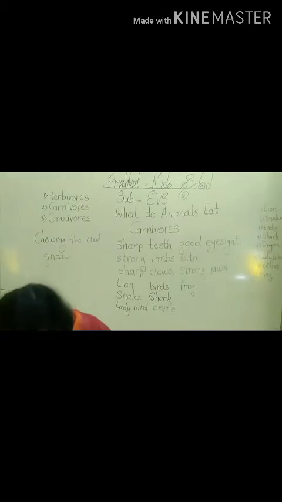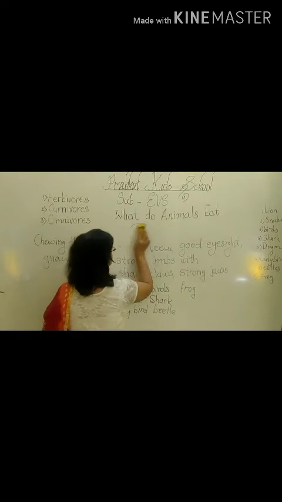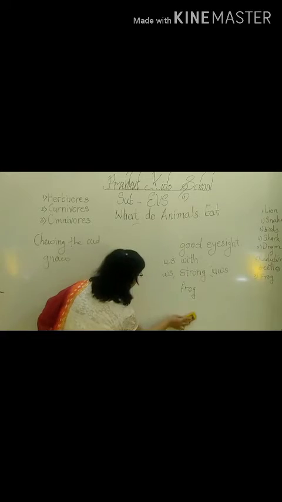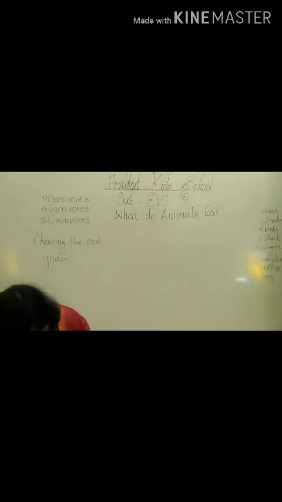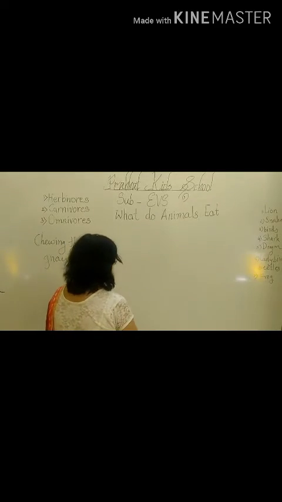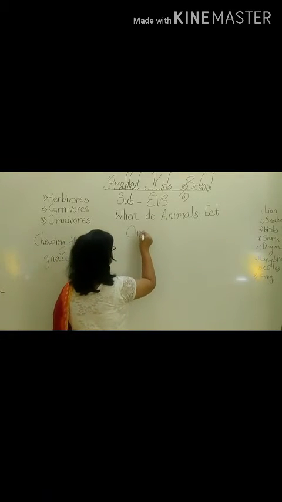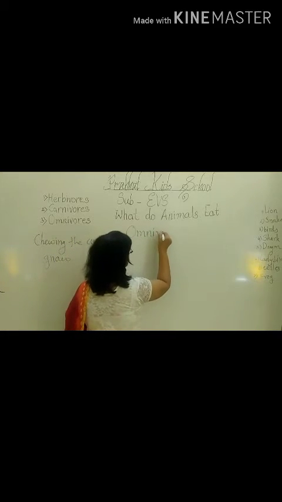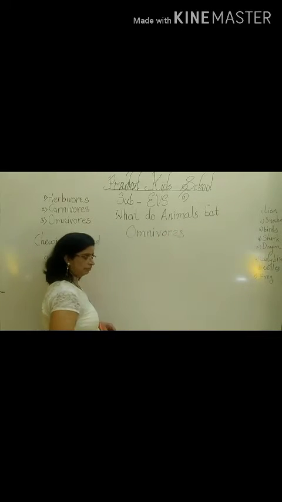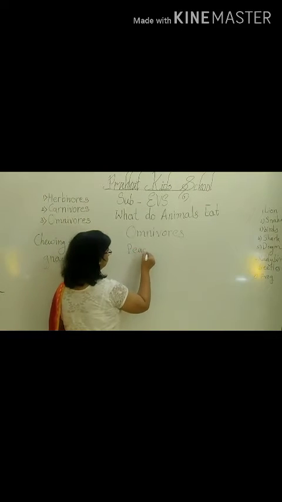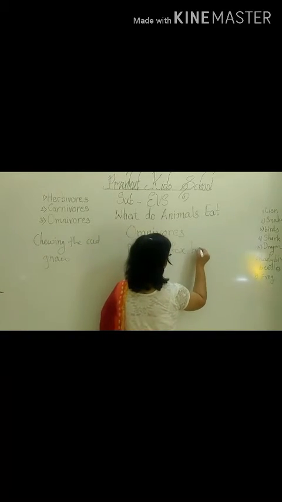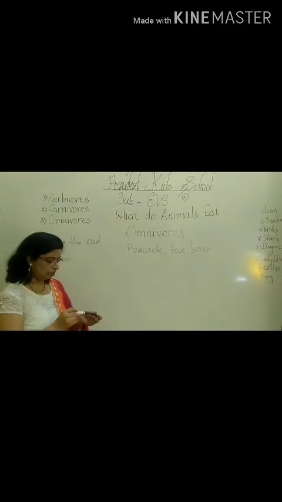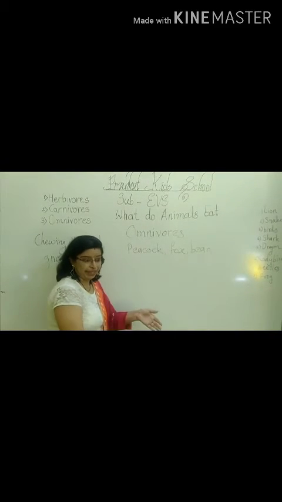Now another one is the omnivorous animals. Omnivorous means what? That day I just gave an idea. Which animals do we call omnivorous? When we wrote down some animal names: peacock, fox, bear, some pet dogs also.